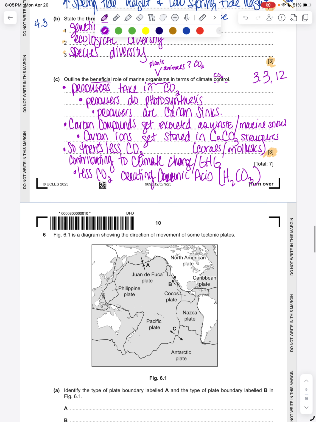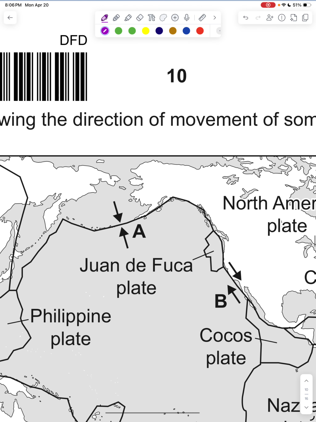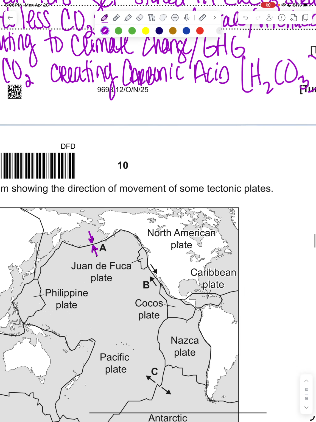Yay, plate tectonics. Identify the type of plate boundary labeled A and the plate boundary labeled B in figure 6.1. Here's A. Our arrows moving towards each other, and this is a convergent boundary.